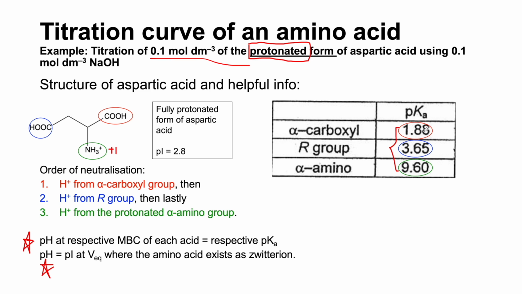So this H plus is going to come off first, and therefore you will create a minus charge on this one, and overall this will create 0. So the zwitterion is going to look like this.